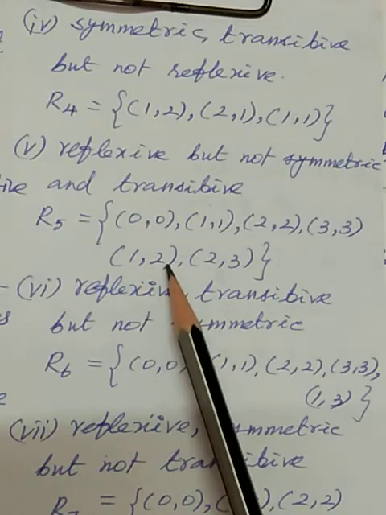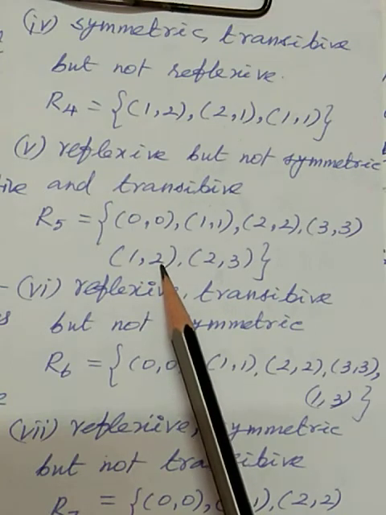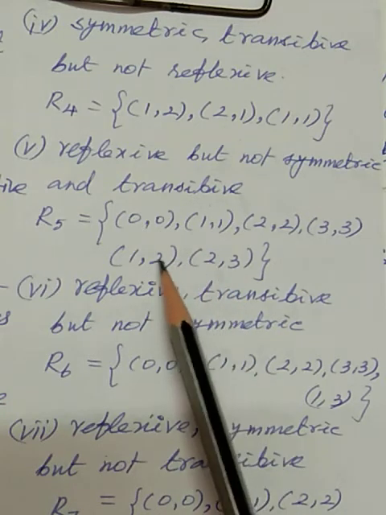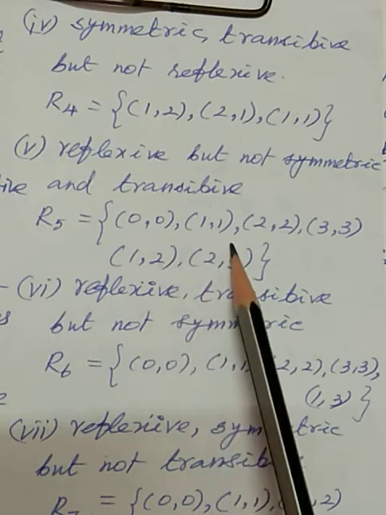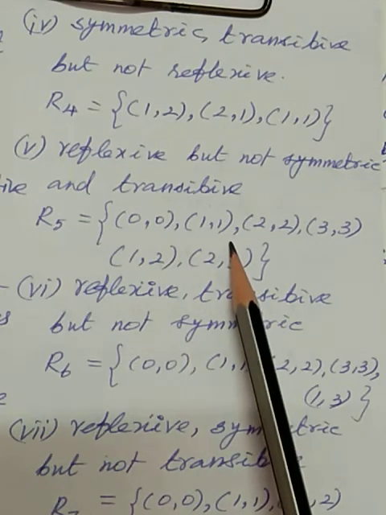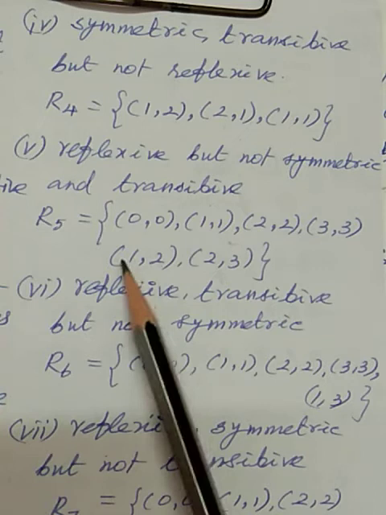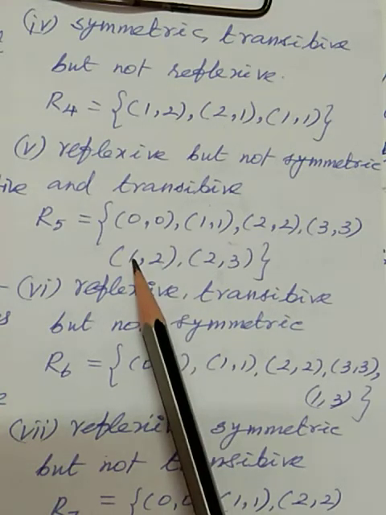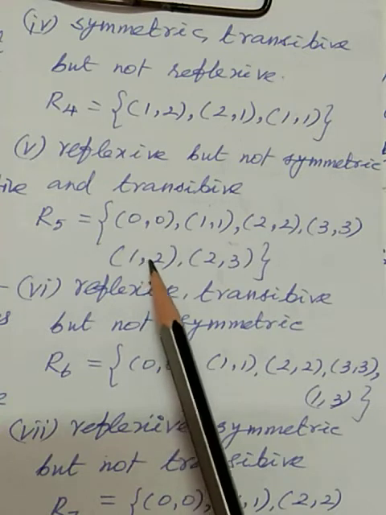So here (1,2) belongs to R5. Then starting from 2, (2,3) is there, but (1,3) doesn't belong to R5, so it is not transitive. Likewise (1,2) in R5, but (2,1) not in R5, so it is not symmetric also.